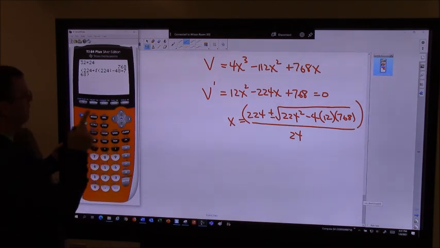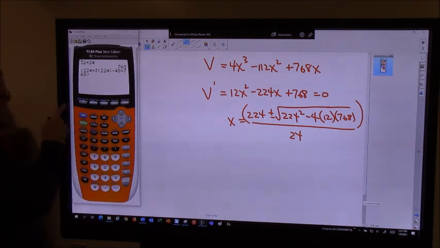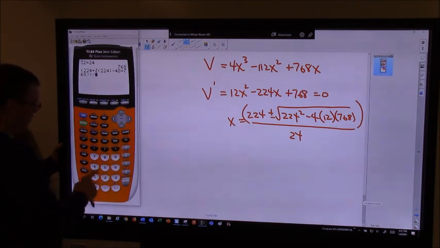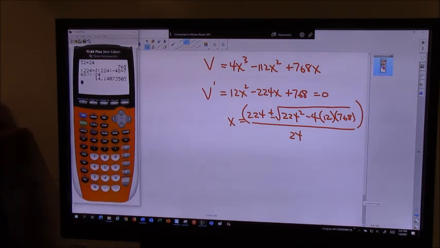There's a parenthesis to end the square root, and I need one more to end the numerator. And then divide that by 24. There we go, 14.141.